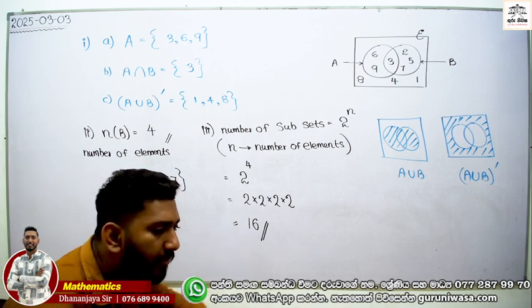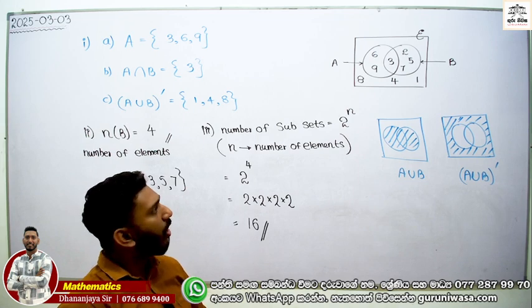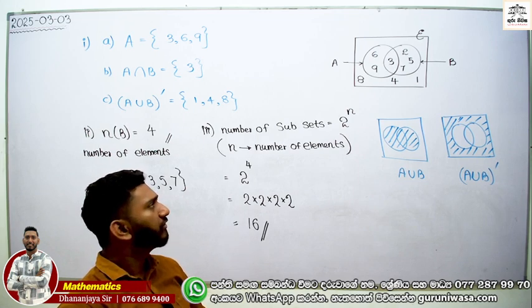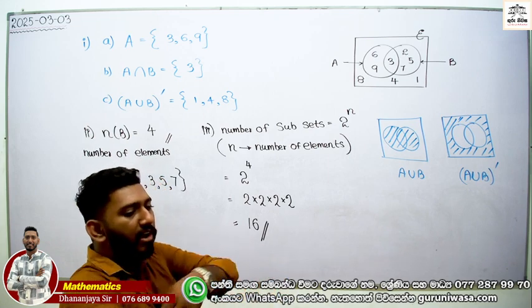Number of subsets. And the null set and the whole set become subsets of any set. The null set is a subset of any set.